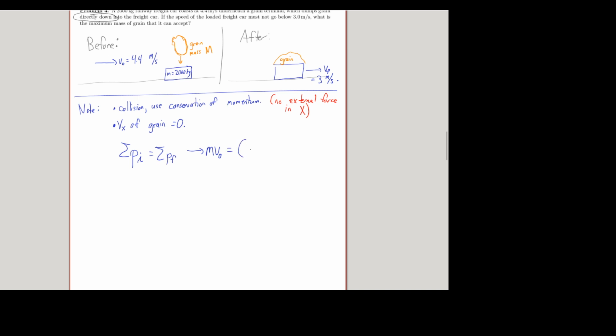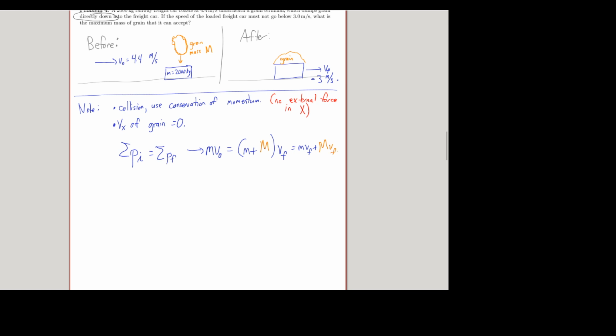And the final momentum is the train car plus the grain times V final. So here we know everything but the mass of the grain. That's what we're going to be solving for. So if I distribute out the right side, I have little m Vf plus big M Vf.